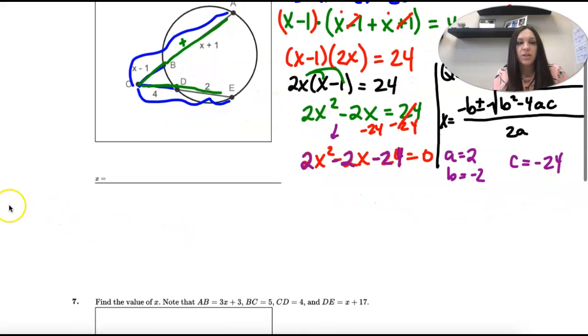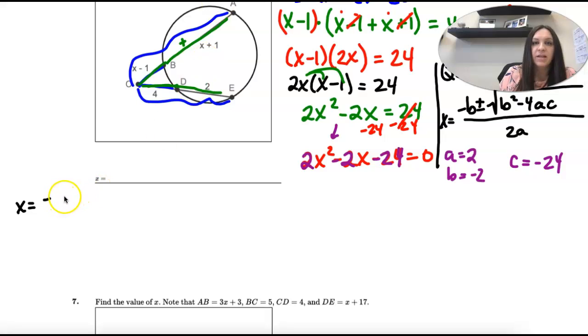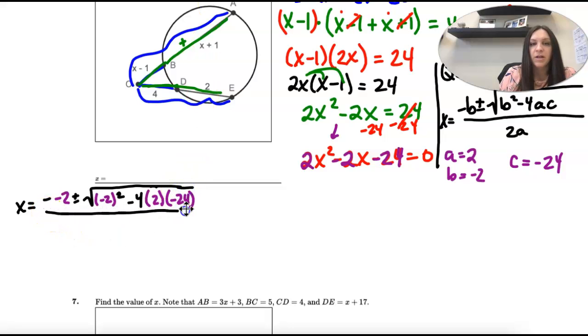Okay, so I'm going to put this in. x equals negative, well, b is negative 2, plus or minus the square root of b, negative 2, squared, minus 4 times a times c, all divided by 2 times a, which is 2.